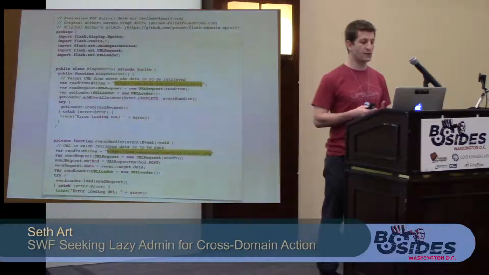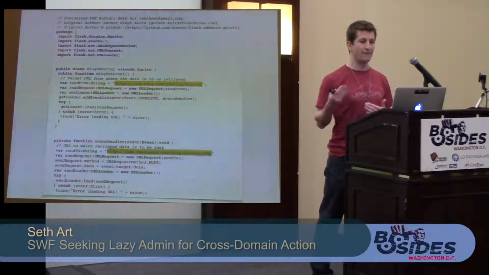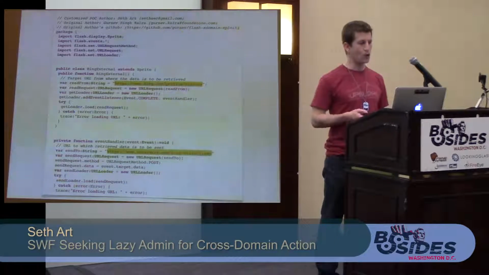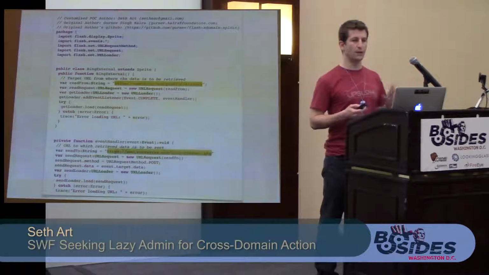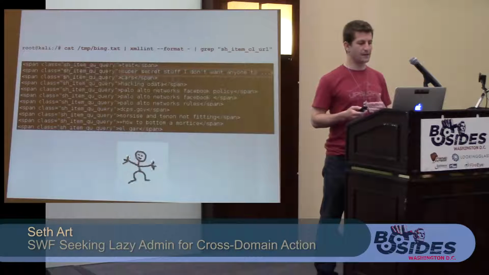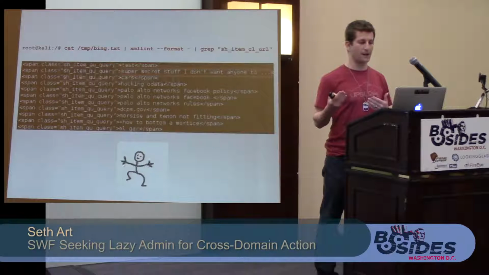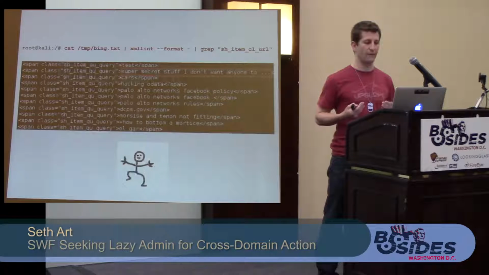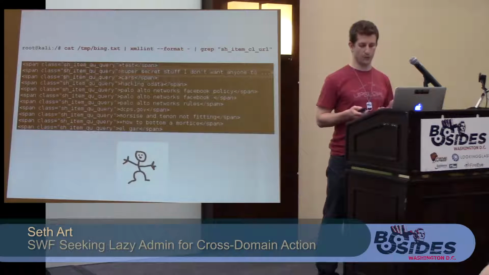And in this case, I'm sending it to a file on my server called bing-history.php, and that file just writes everything that comes into it onto disk. So once I had my authenticated victim, authenticated with Bing, load my SWF, this is the data that is on my attacker box, and as you can see, I'm just parsing this out and looking at everything that they ever searched for.